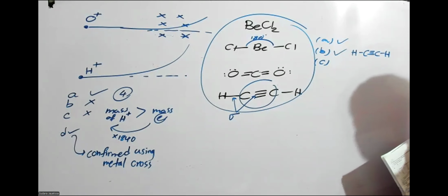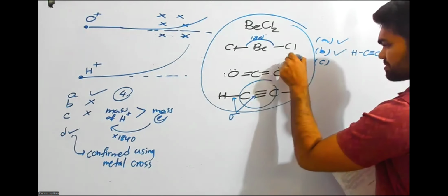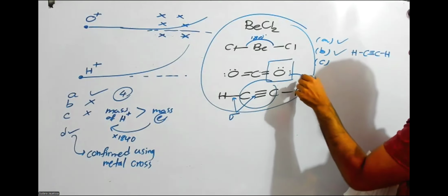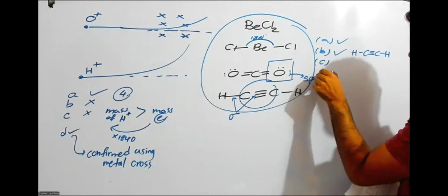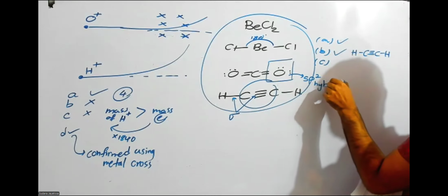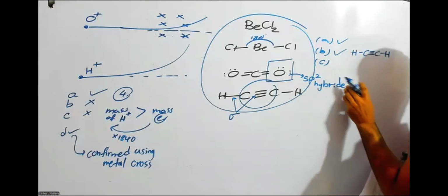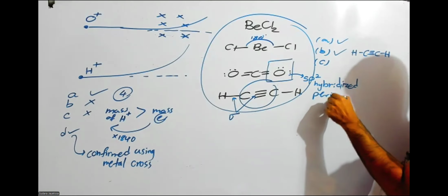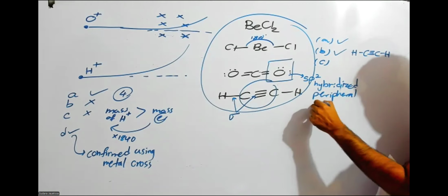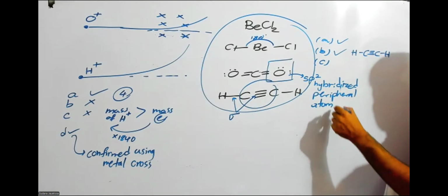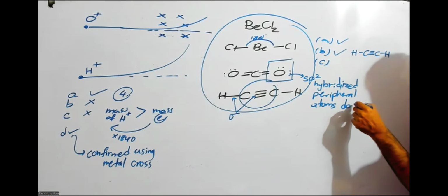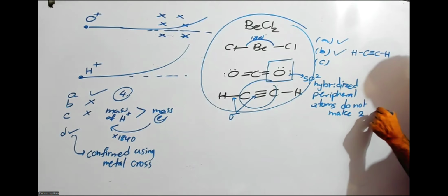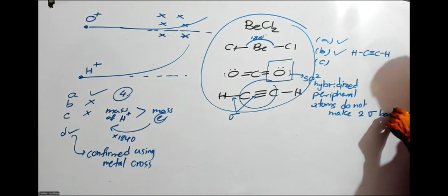No. Wait. And what about this one? This is a peripheral atom. So this peripheral atom is also considered sp2 hybridized. Peripheral atoms do not make 2 sigma bonds.